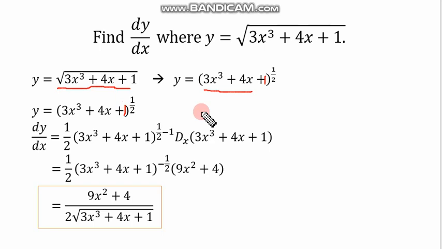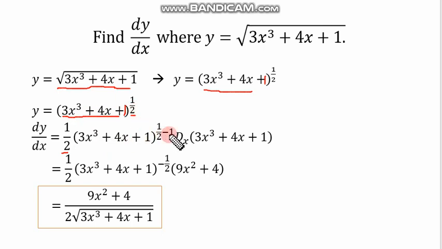So using the generalized power rule, we will evaluate the derivative of the outer function. So we will have 1/2 here as our base times the inner function, which is 3x cubed plus 4x plus 1. We will not change anything at all here.